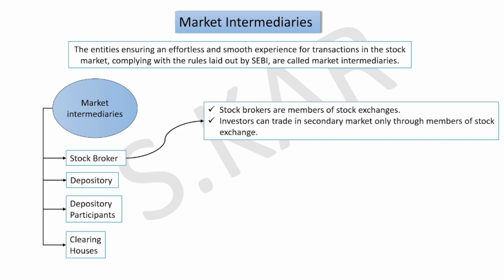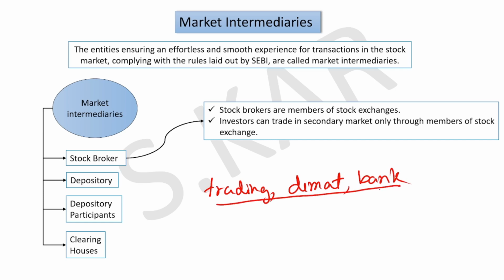Okay, so as an investor, if you want to invest in the share market, you have to have three things. Number one is a trading account. Number two is a demat account. Number three is a bank account. Now you can have all three under the same entity.